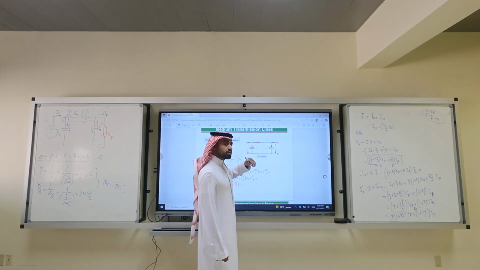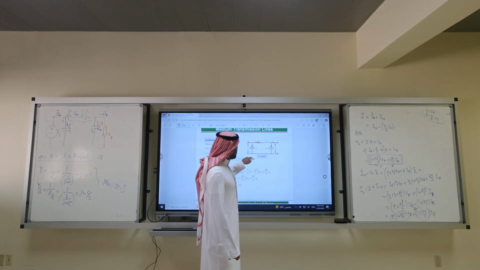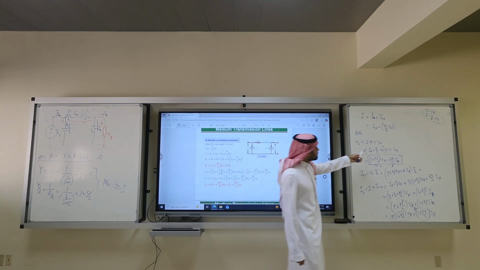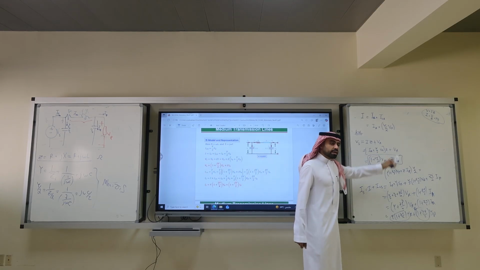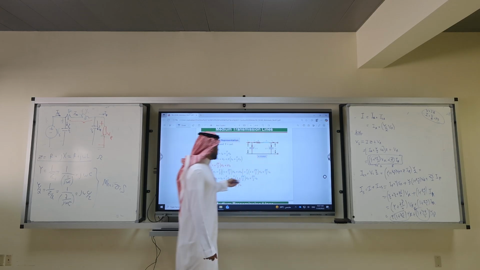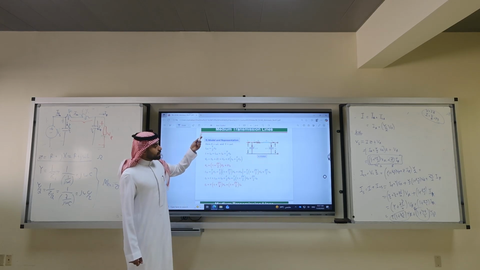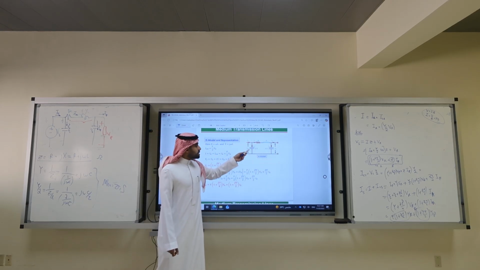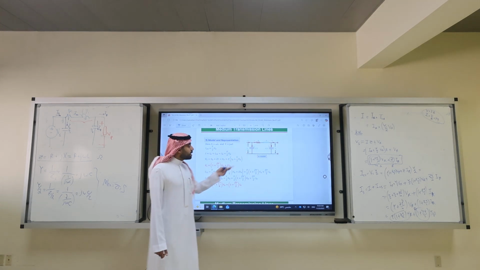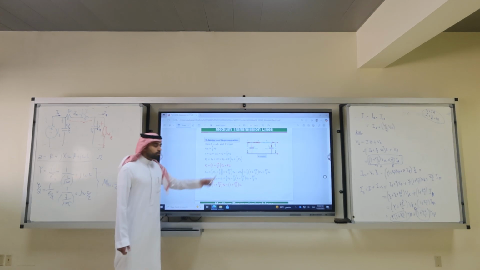You got VS as a function of IR and VR. Then you do IS, which is ICS plus I. And I is already found by this formula, IR plus Y over 2 VR. You add it with ICS, but you already defined what VS is as a function of VR and IR, and then you can calculate those 4 parameters.